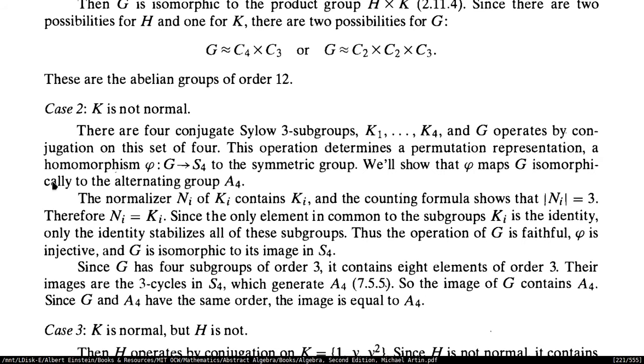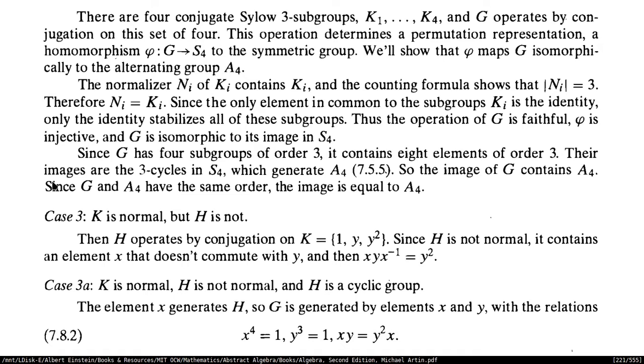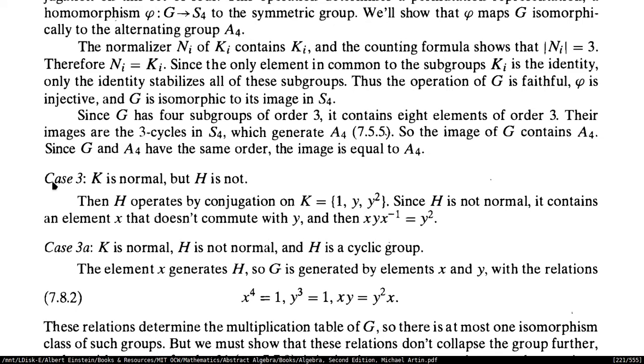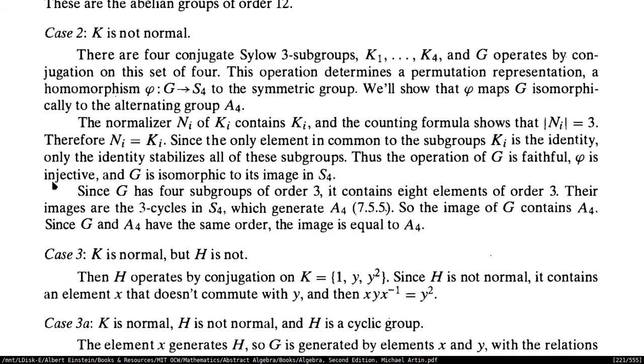Okay, let's use everything we know. So if you conjugate one Sylow subgroup, you're going to get another one. Right, that's what it did. I believe that is a mapping from G into S4.